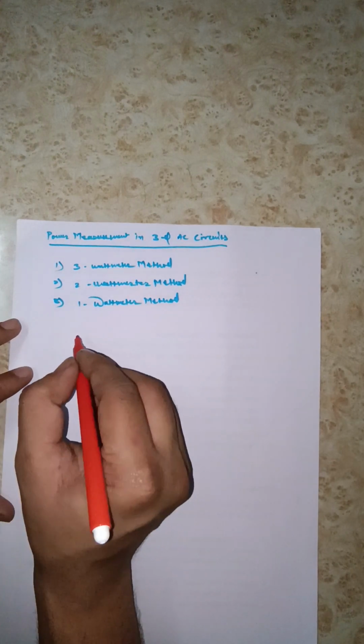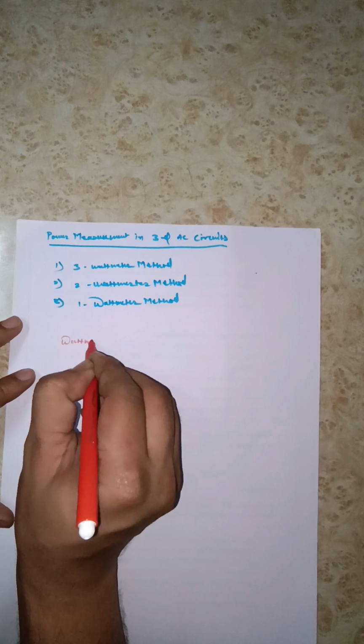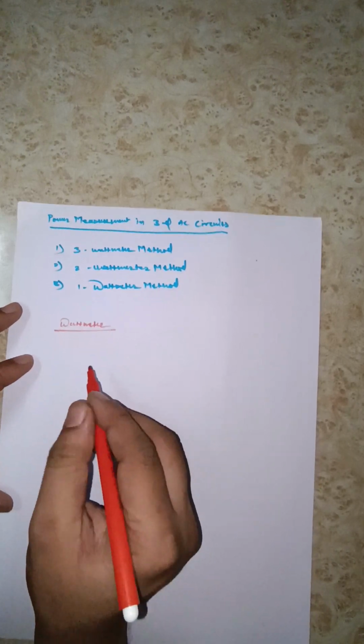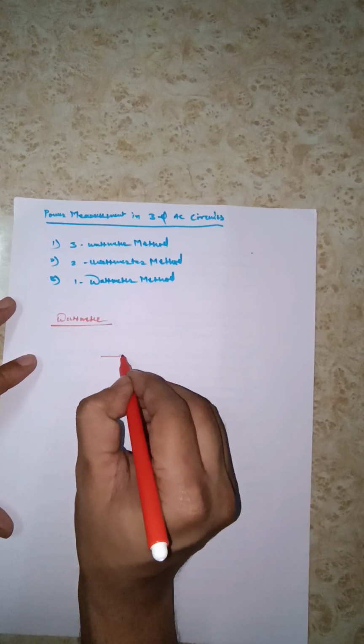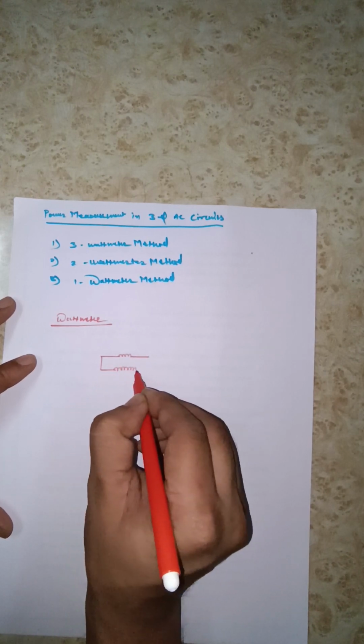First of all, let us discuss what a wattmeter is and how we can measure power using a wattmeter. Basically, a wattmeter is a device which has a current coil and a potential coil.